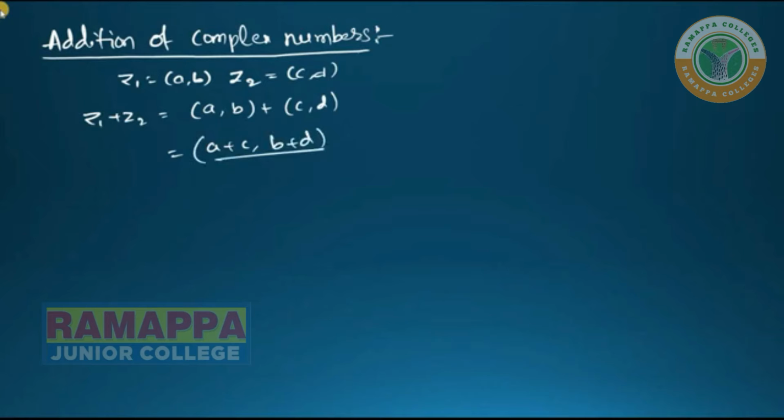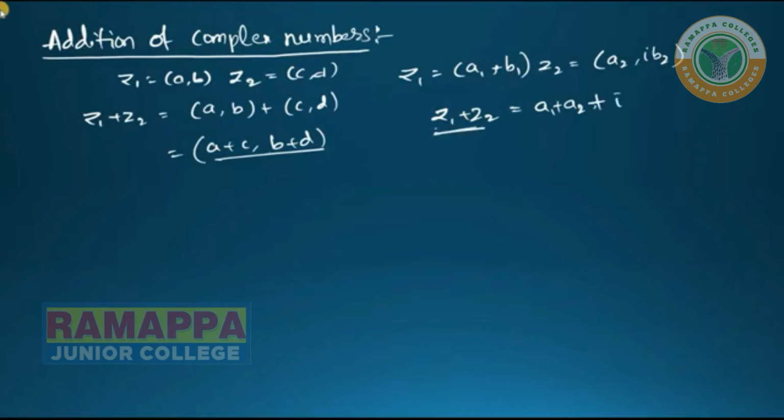We can also write it in another way: z1 is equal to a1 comma i b1 and z2 is equal to a2 comma i b2, so z1 plus z2 is equal to a1 plus a2 comma i times b1 plus b2. So this is addition of complex numbers, and you can write it like this also.